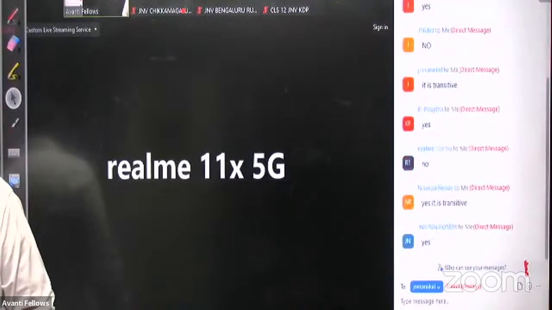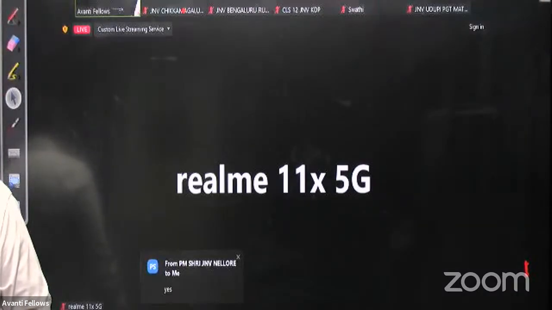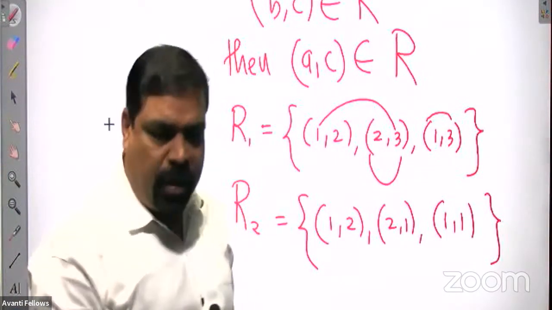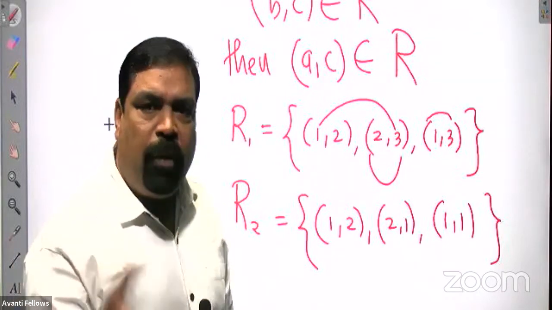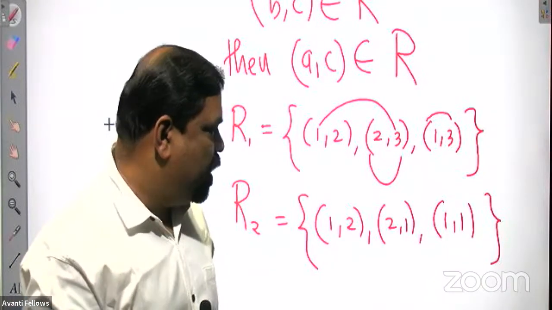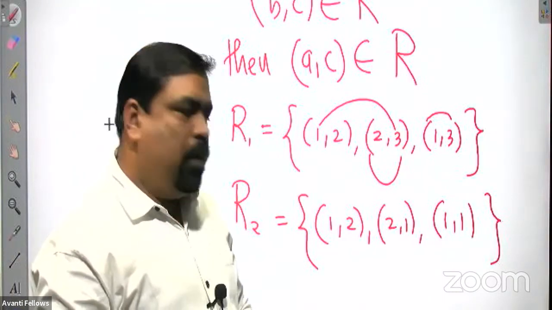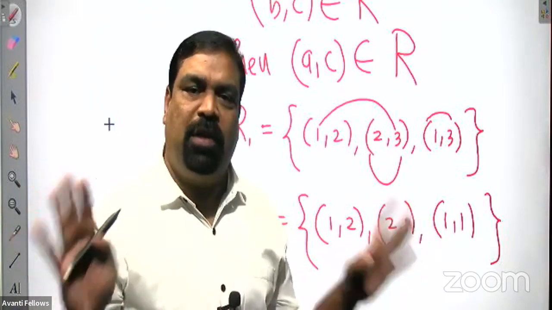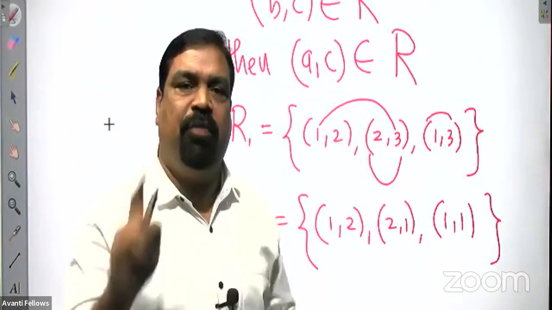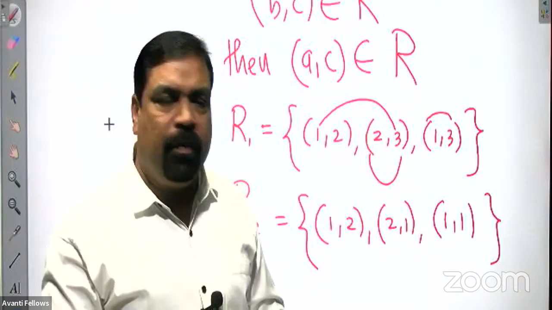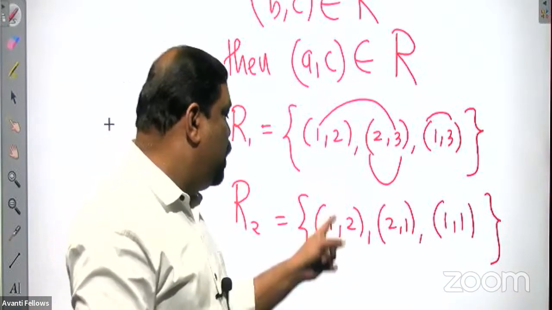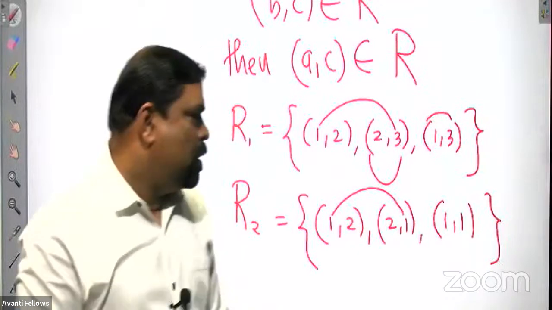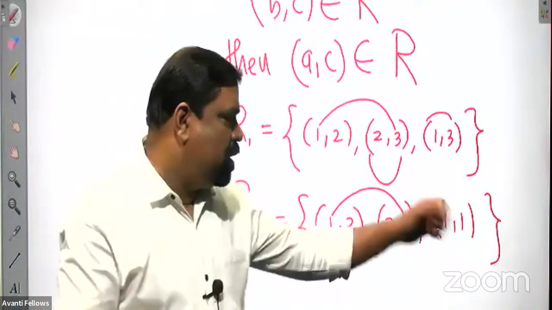Some responses are here. Some people are saying yes, and some people are saying no. So which one will be taken? The answer is no. It is not a transitive relation. Why? (1, 2) is there, (2, 1) is there. Some people are thinking only of (1, 1) being there.